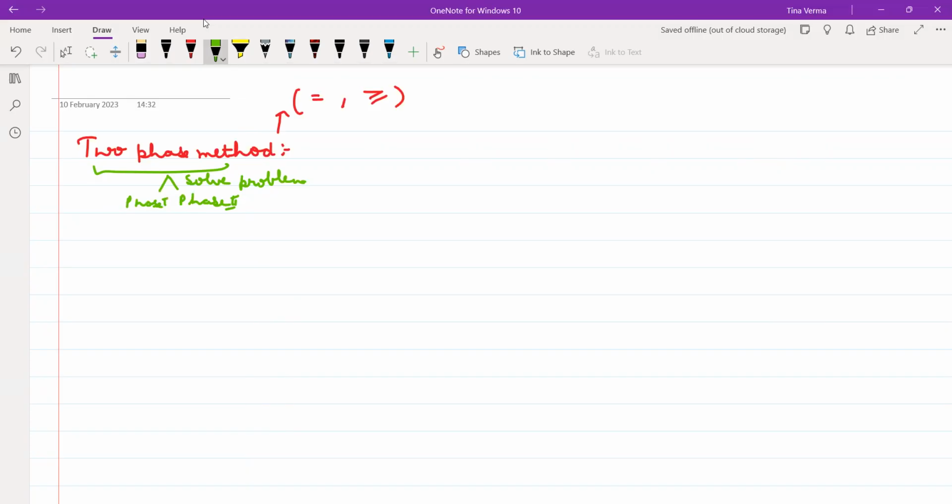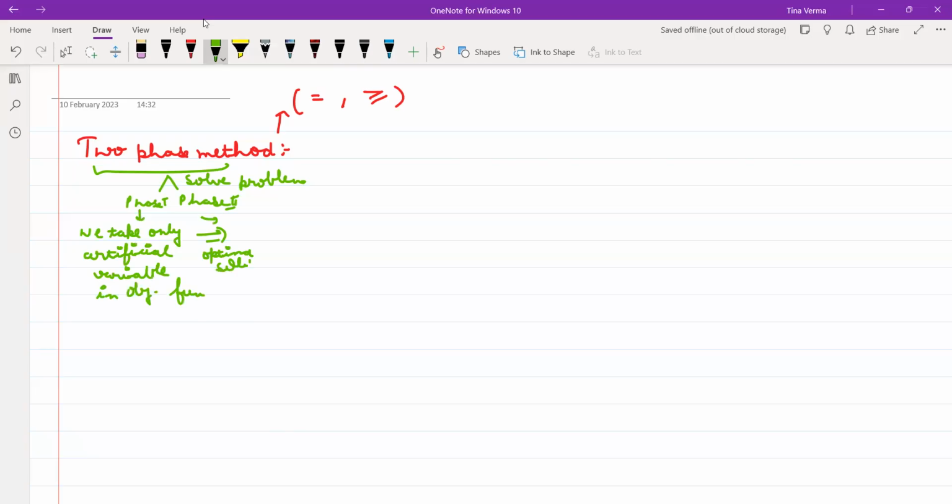So here we make two objective functions. In phase 1 we take only the artificial variables in the objective function, and in phase 2 we do iterations, and if it's optimal, that means अगर उसका optimal solution exist करेगा, then we will move towards this iteration.